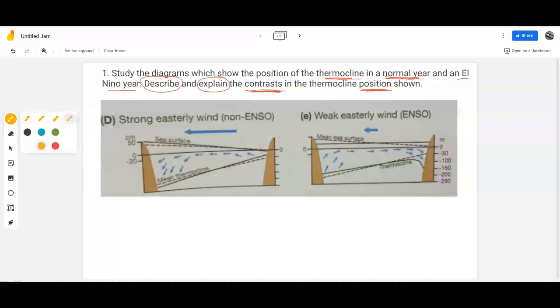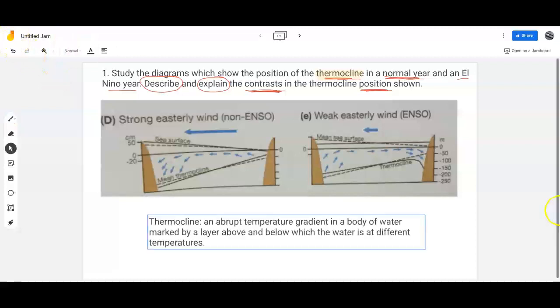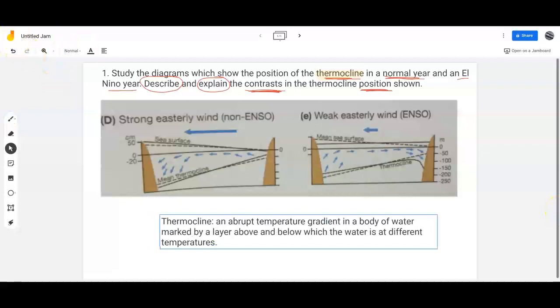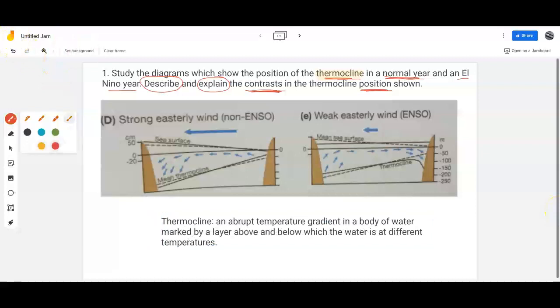The first thing that we notice is that there's a term in here called thermocline. So we have to, in the first instance, define what that means. And here's the definition. It's an abrupt temperature gradient in a body of water. A gradient is something that changes over space or over time, but this gradient is abrupt.